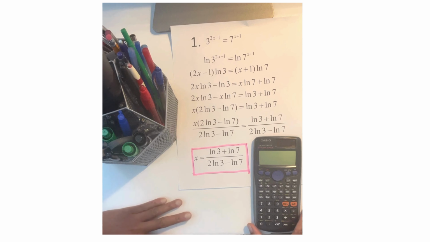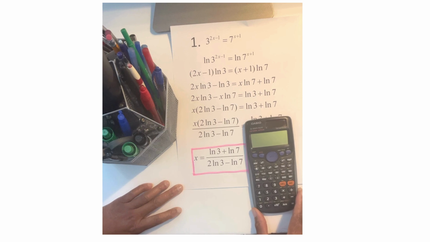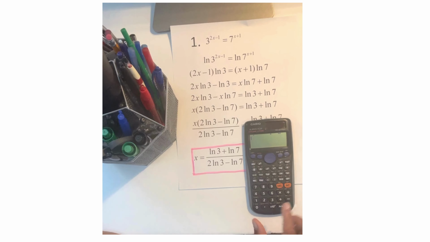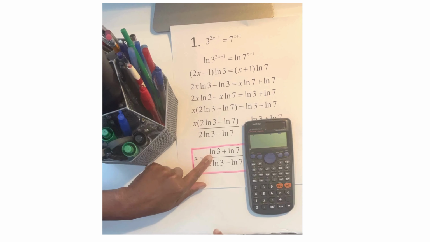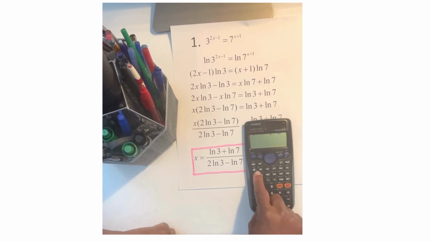So let's go ahead and enter our answer using the Casio model. I'm going to turn it on, and then I'm going to enter it exactly the way it is. Now, since I have a numerator and a denominator, I need to use the fraction key. So now that I've pressed the fraction key, you can see that the cursor is blinking in the numerator.